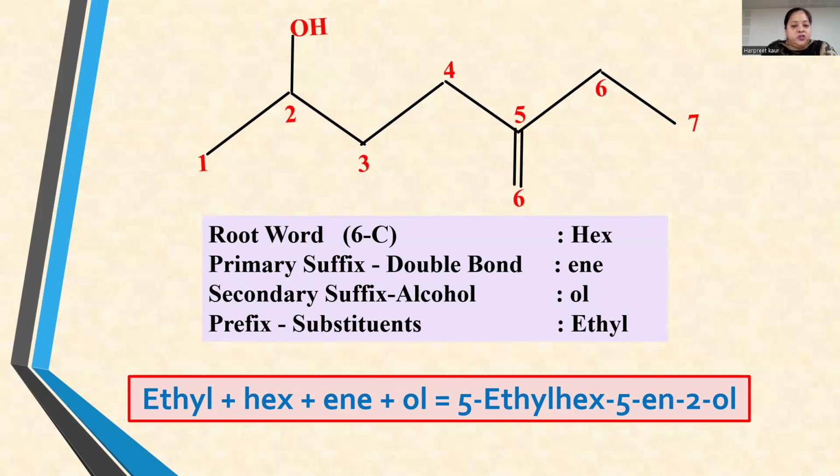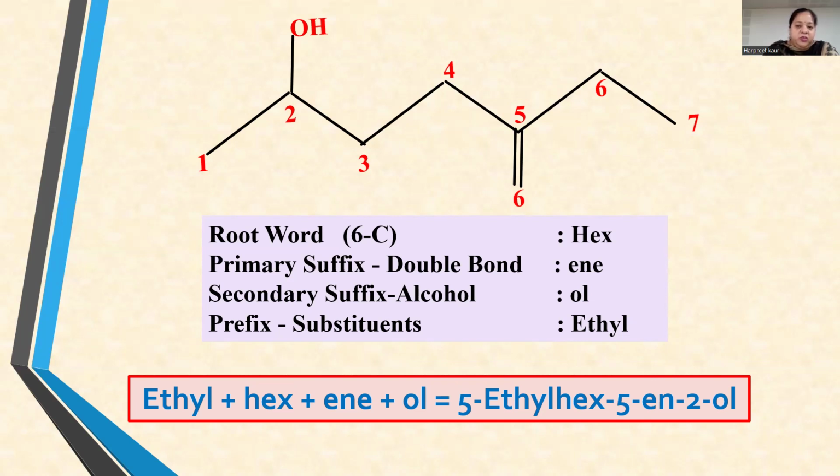So we'll select the shorter chain to include that double bond in the parent chain. The chain of 7 carbon atoms is ruled out here because the double bond will be out of the parent chain. So in this case, the root word is hex for 6 carbon atoms. And the other positions 6 and 7 are now the substituents.